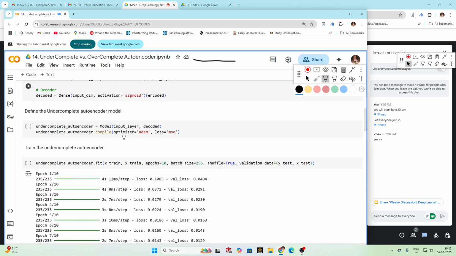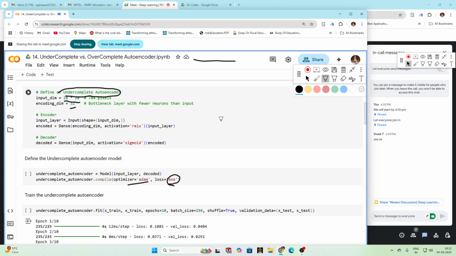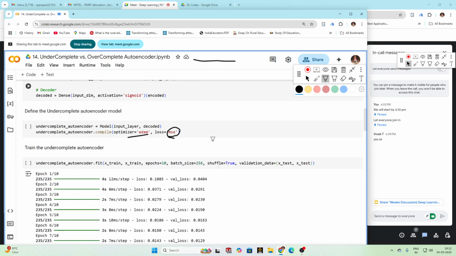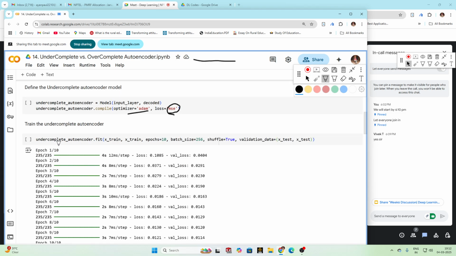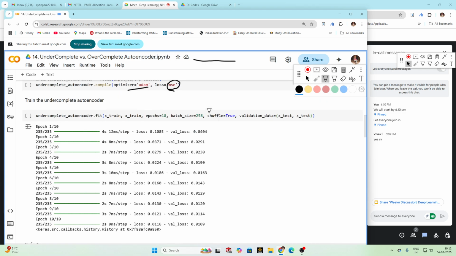The optimizer here is Adam, and the loss is mean squared error loss, because the values are from 0 to 1, so we can use mean squared error loss, there is no problem. And now this is how I have trained the under complete autoencoder.